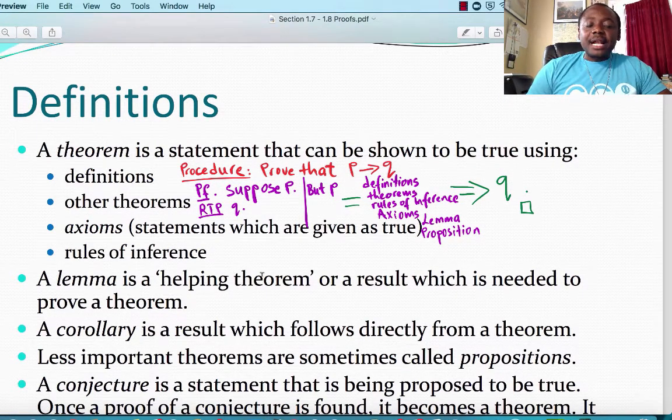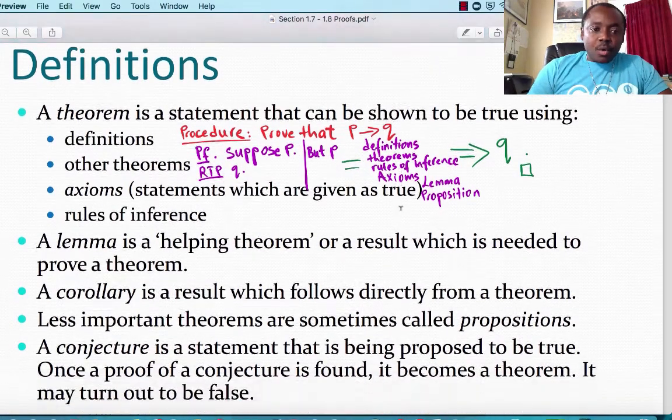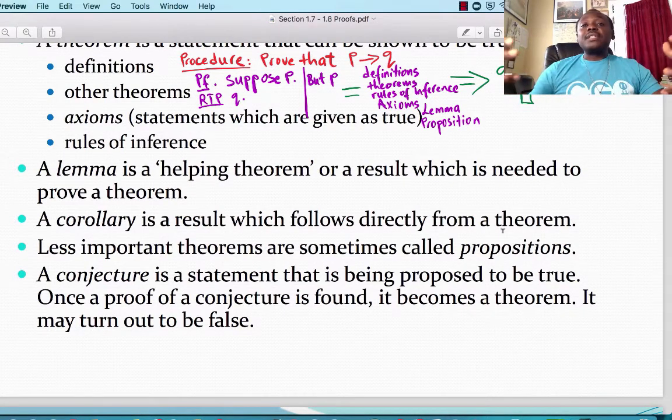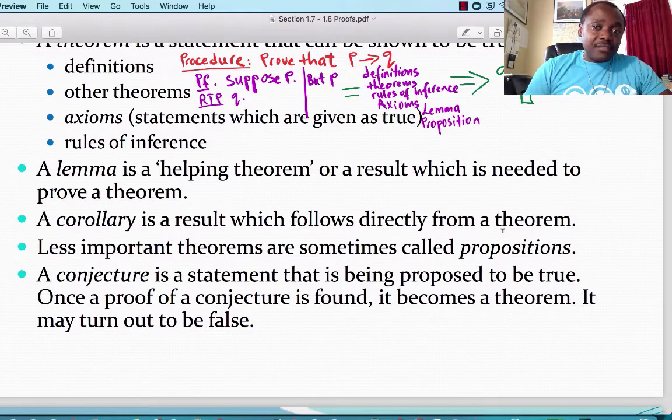Okay, what is a lemma? A lemma is a helping theorem or a result which is needed to prove a theorem. So that's why I've included lemma right here, because it is usually used when proving a theorem. What about a corollary? A corollary is a result which follows directly from a theorem. Very often it's a generalization of that theorem.